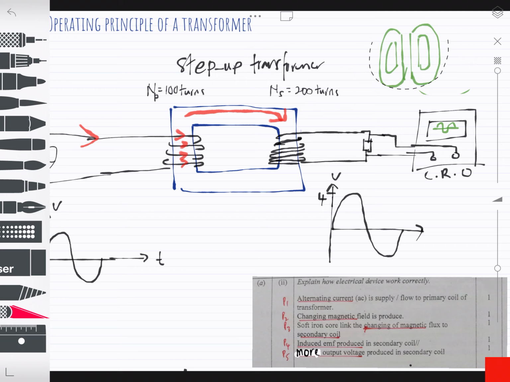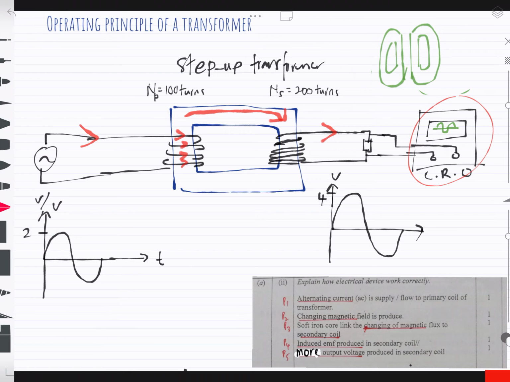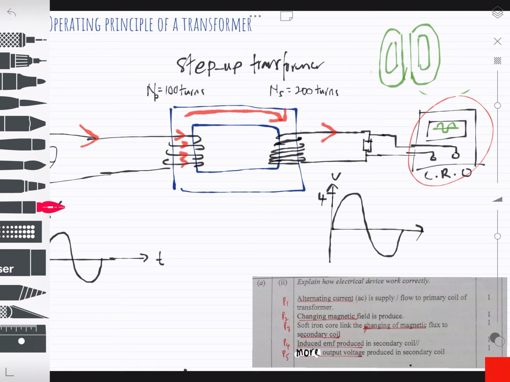So induced current will be produced in the secondary coil, and then it flows out of the secondary coil to the CRO, and the CRO will show the reading. So you can see here is the output of this step-up transformer.